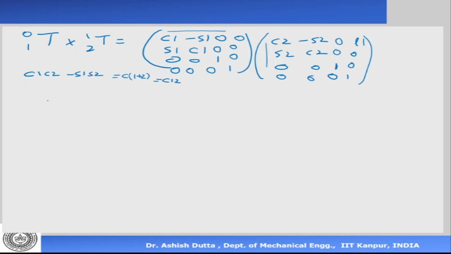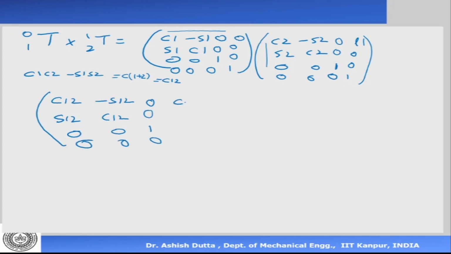So the first term that we're going to get is cos 12, minus sin 12, sin 12, cos 12. This is 0 0 1, this is 0 0, this is 0 0 0, and this will become L1 cos 1, and the second is going to become L1 sin 1. This is 0, that is 1. So this is my matrix.